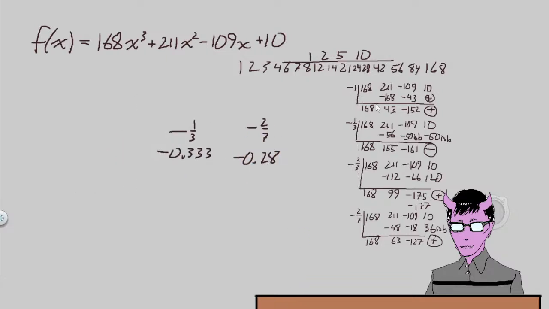Okay, well, we can proceed in two ways, right? So we have a negative 1/3, and then we have a negative 2/3. And that's very interesting. Because what that means, this one resulted in a positive remainder, this one resulted in a negative remainder, and this one resulted in a positive remainder.